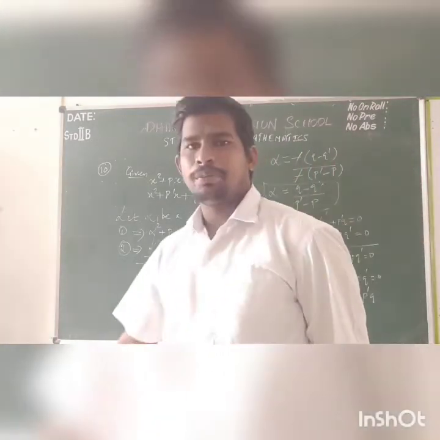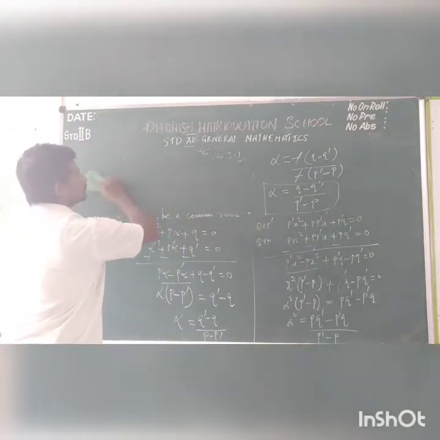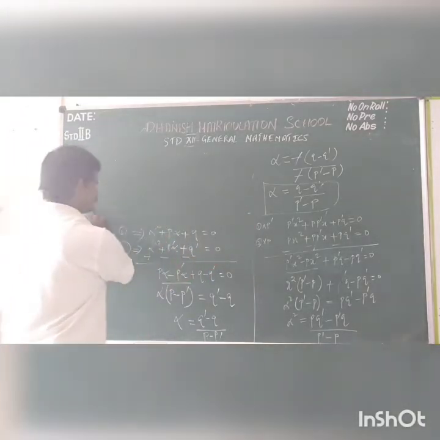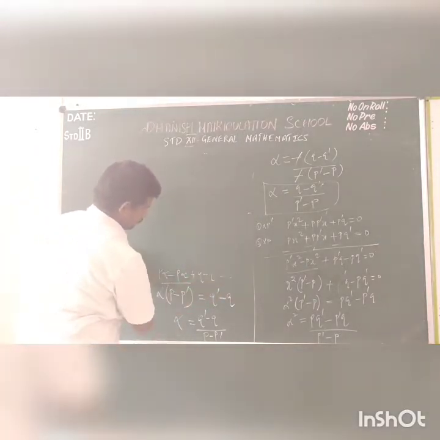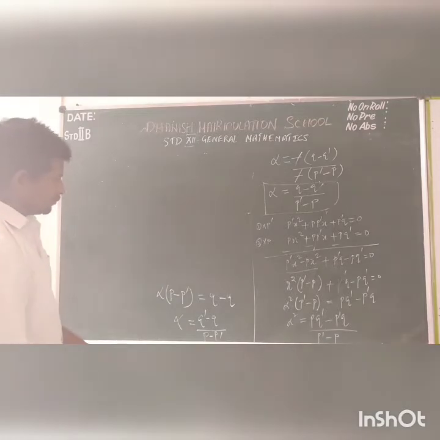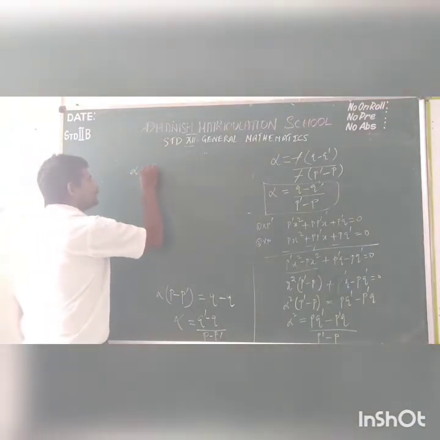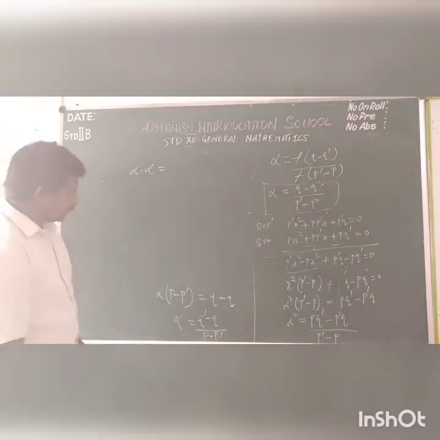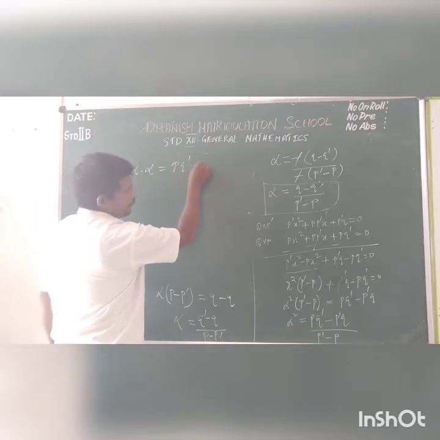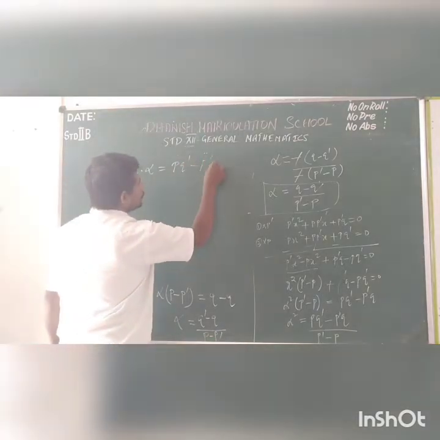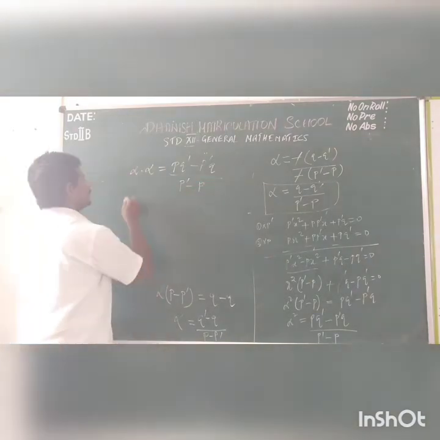Now the next step will be: I am going to write alpha square as alpha into alpha equal to (pq' minus p'q) divided by (p' minus p).